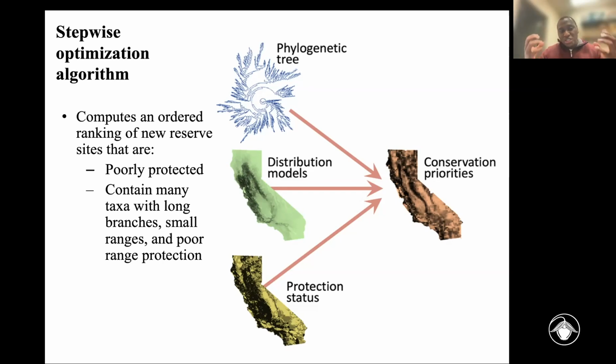That is, a portion of the range is not protected, and a portion of the branch lengths are not yet protected in the existing protected areas. It also complements, that is, we want to avoid redundancy, such that areas being recommended for protection are not already protected in existing protected areas. That is basically what we are trying to avoid in this kind of analysis.